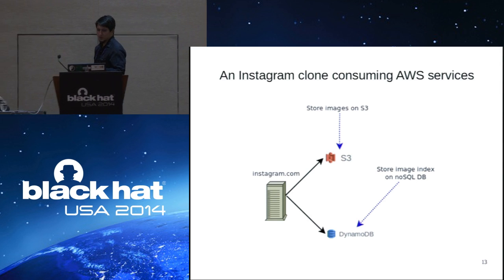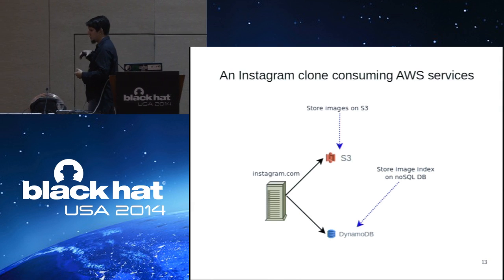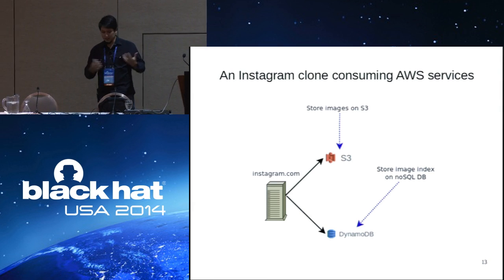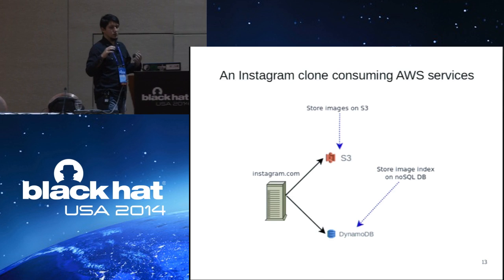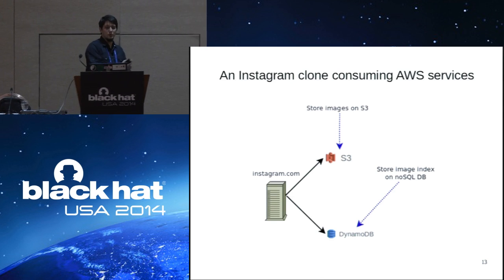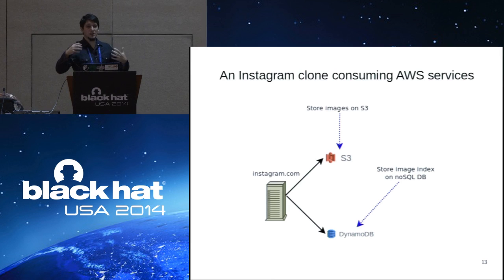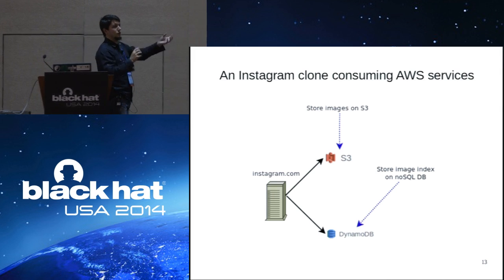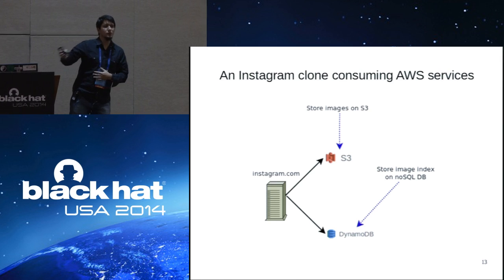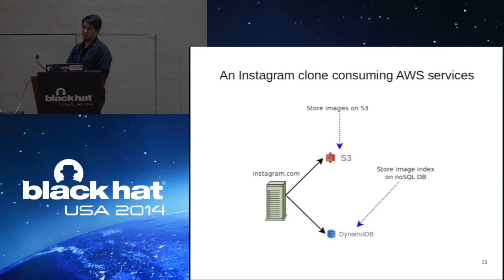You want to use S3, you want to use DynamoDB, you want to use different things. So let's say that you want to build an Instagram clone. You're going to, for example, store the images in an S3 bucket. And you're going to store the metadata about those images, like who owns which image, in a NoSQL database, such as DynamoDB.